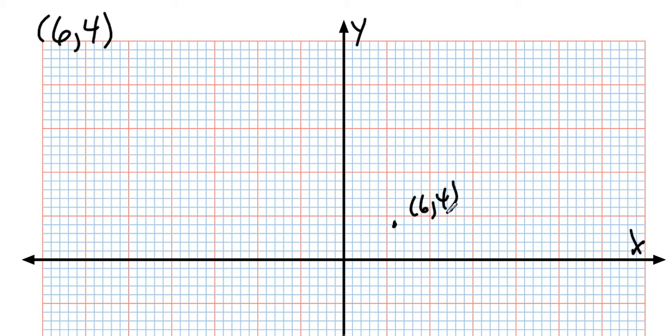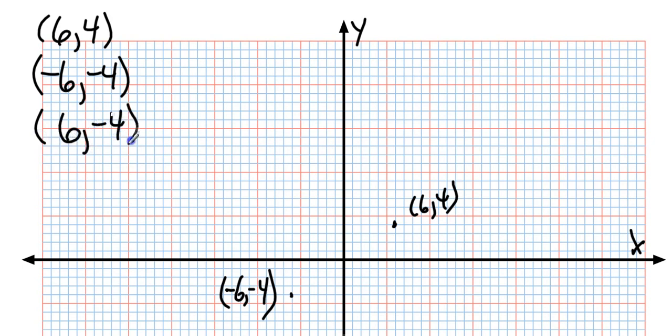Let's do some different ones. Let's do the same point, but let's go -6, -4. So I'm going to go to the left 6 spaces. And then instead of going up 4 spaces, I'm going to go down. So that puts me right about there. Let's go +6, -4.